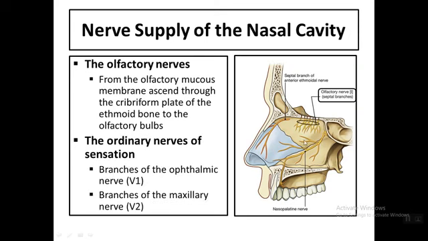And the ordinary nerves of sensation, for pain, touch and temperature, are branches of the ophthalmic nerve. We can see here, for example, the septal branch of the anterior ethmoidal nerve, a branch of the ophthalmic nerve, and branches of the maxillary nerve, which include the nasopalatine nerve.